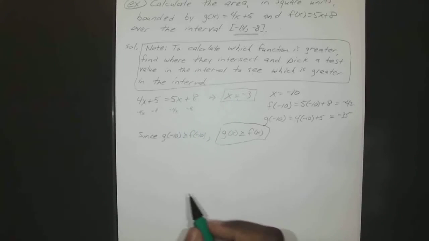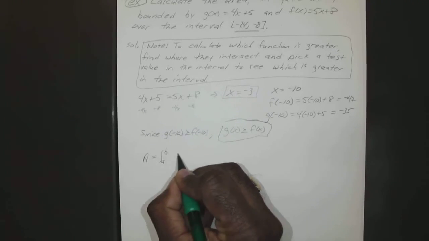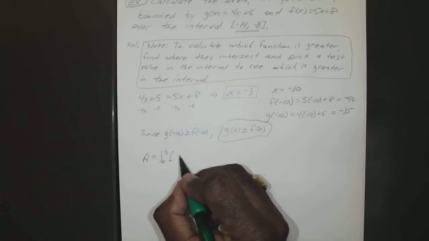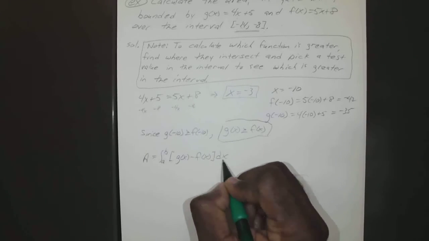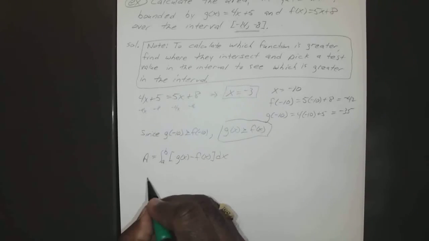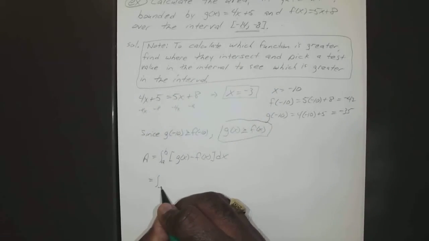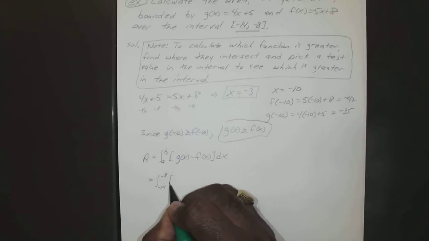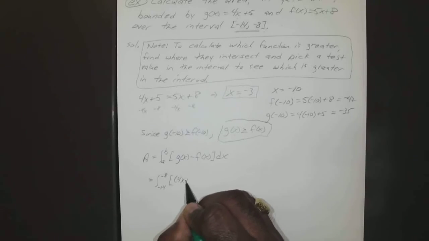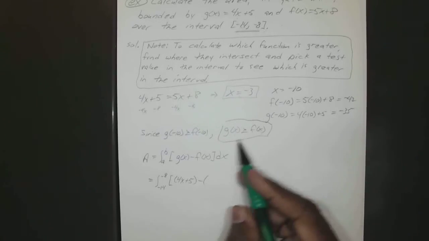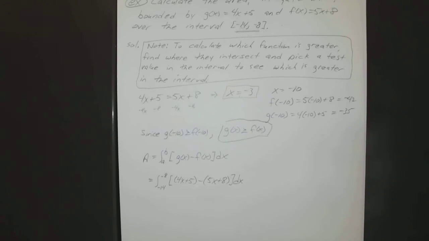All right, so once we find that out, we just figure out our area. It's the integral from a to b. We know g of x goes first, so it's g of x minus f of x, which is equal to the integral from -14 to -8 of 4x plus 5 minus 5x plus 8 with respect to x.